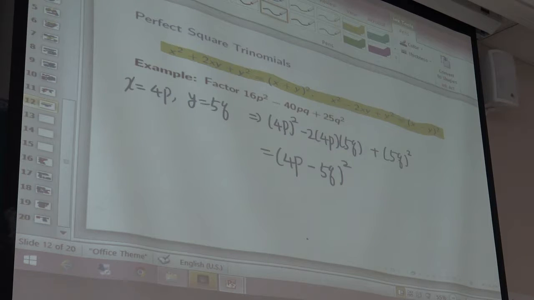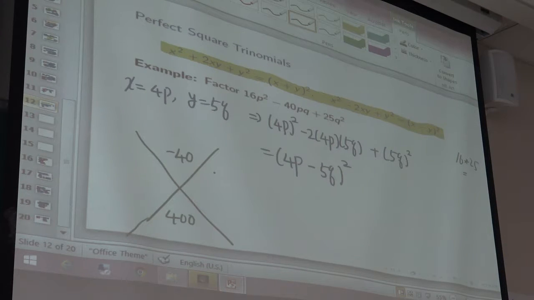Now, if you like, you can still use the previous method. In here we're going to put the product of 16 and 25. 16 times 25 is 400. So this is 400. And this number is the same as this number, negative 40.